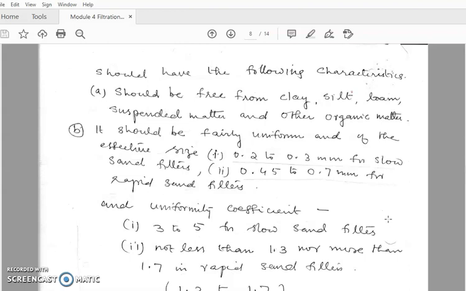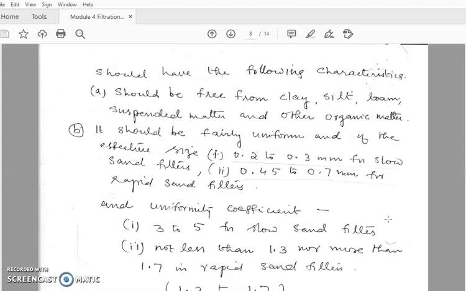Now the second one is it should be fairly uniform and of effective size 0.2 to 0.3 mm for slow sand filters and 0.45 to 0.7 mm for rapid sand filters.